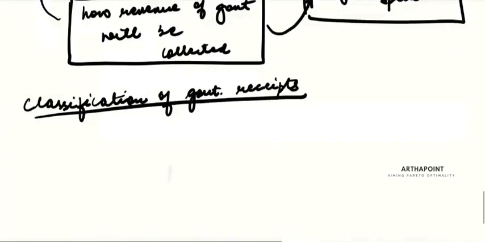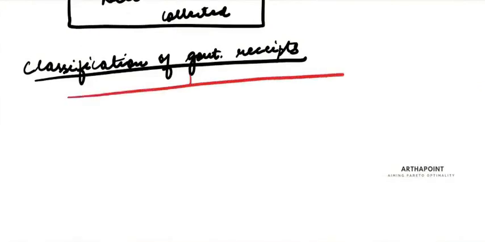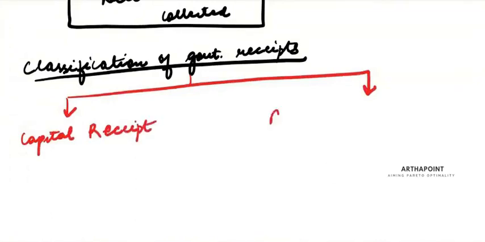When I talk about the classification of government receipts, there are two broad categories in which the entire receipt of the government can be classified. First, capital receipt, and second, revenue receipt.